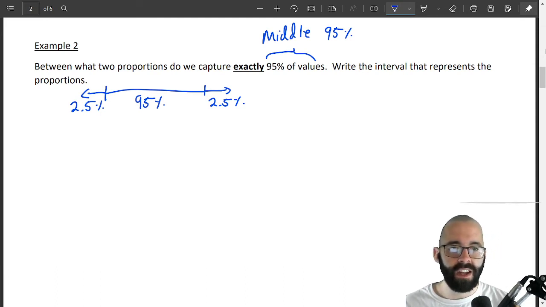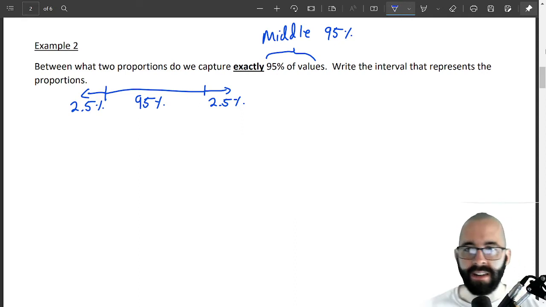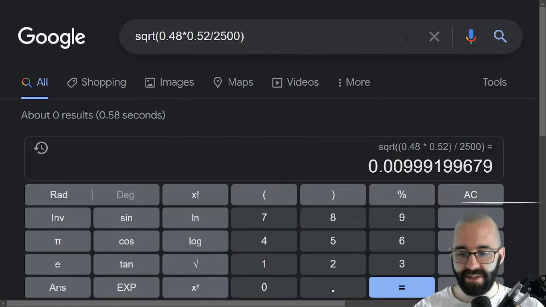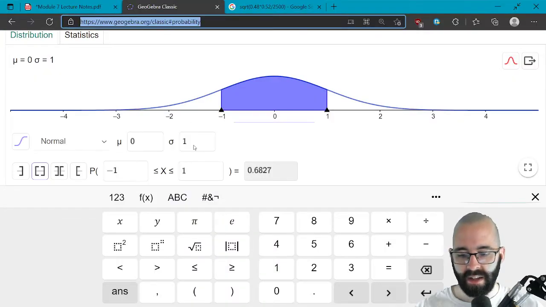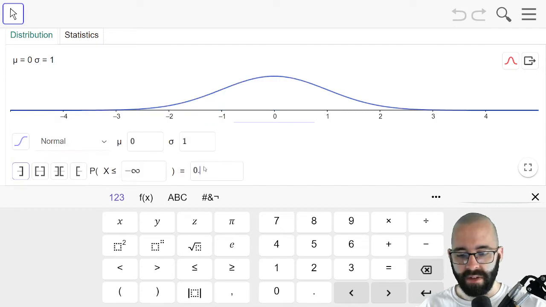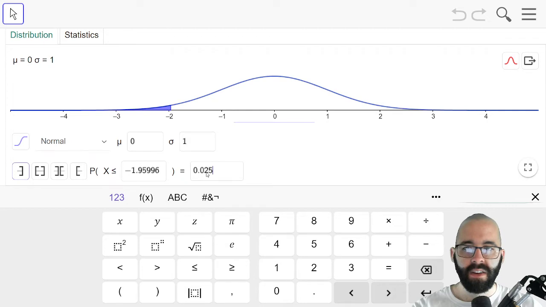How many standard deviations away is that? Well, we can use GeoGebra, right? When are we above 2.5% of the data? We're above 2.5% of the data, the 2.5th percentile, when we're 1.96 standard deviations below the mean.